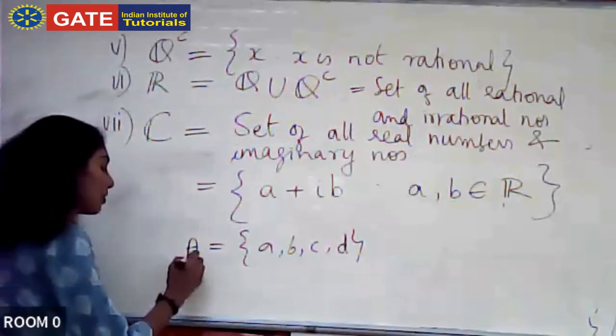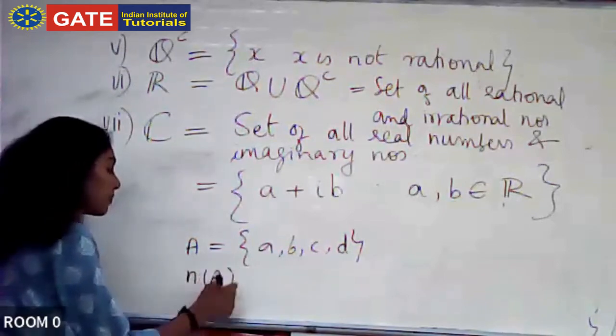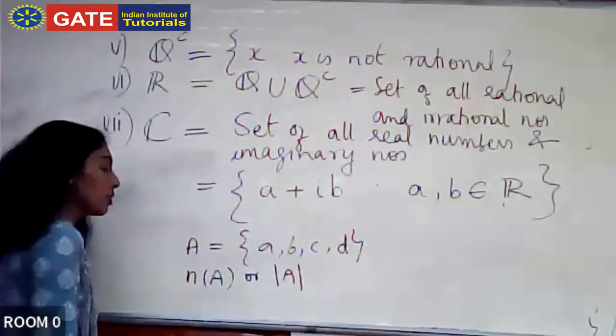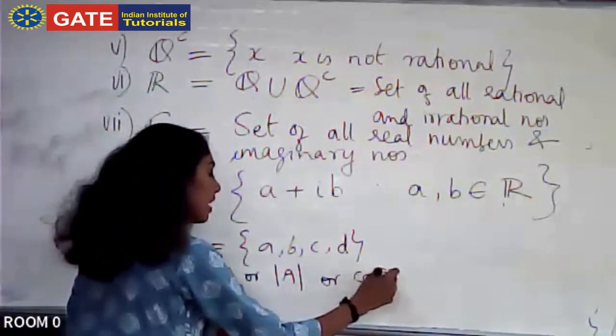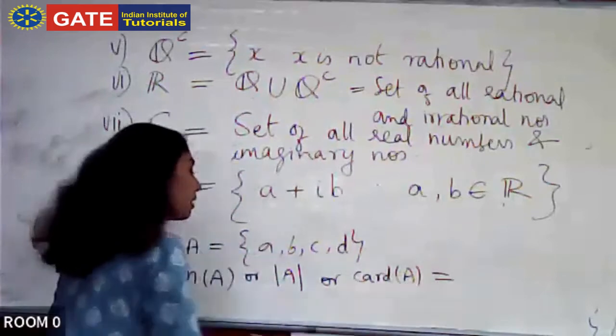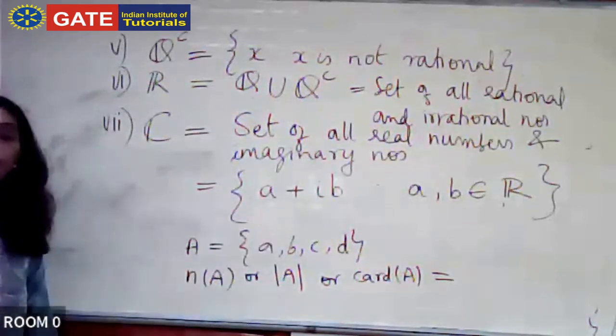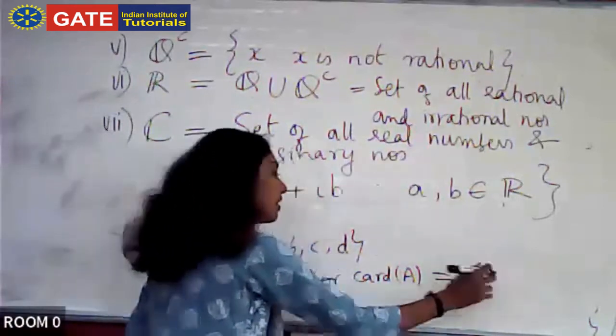You can denote it as n(A), or cardinality of A. We can just count how many are there. Total 4 are there, so you can tell the count.